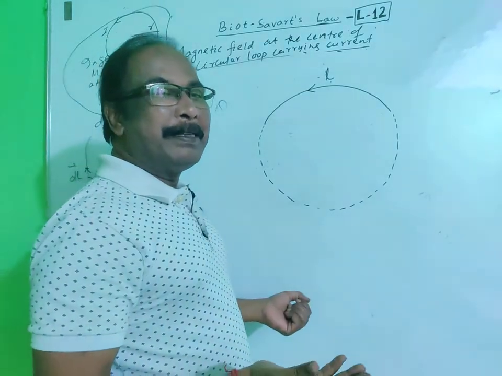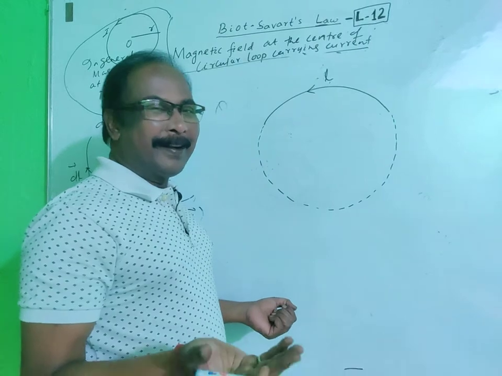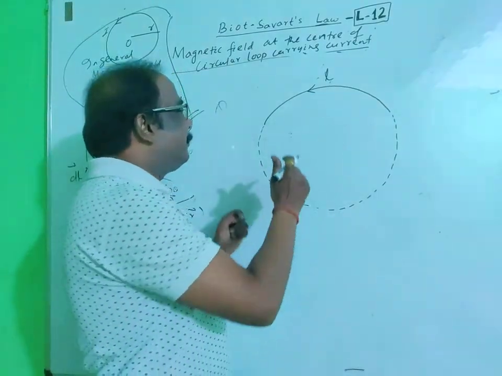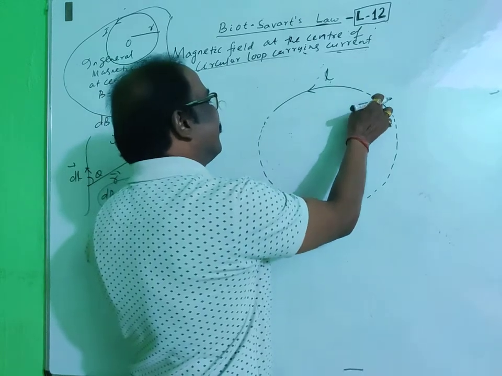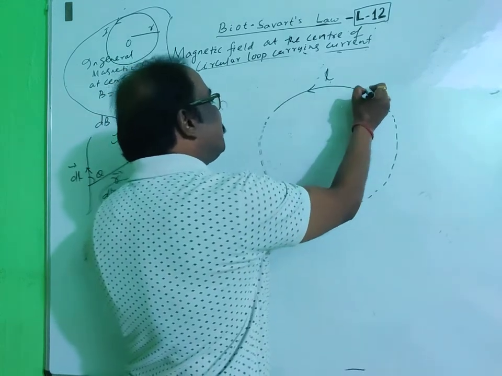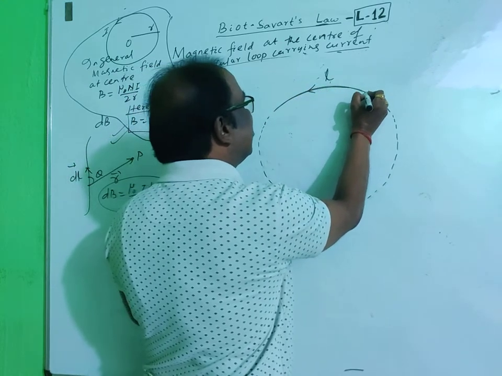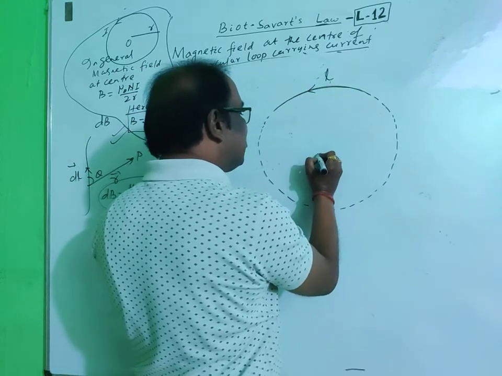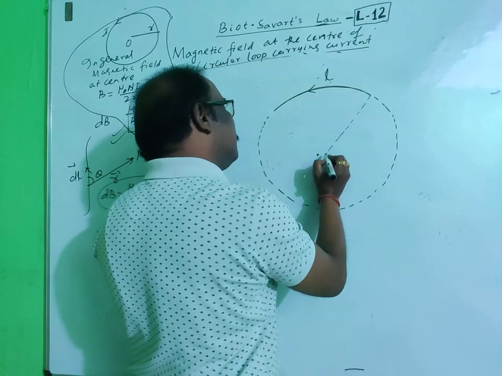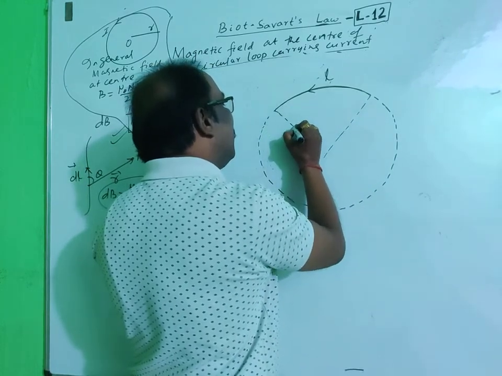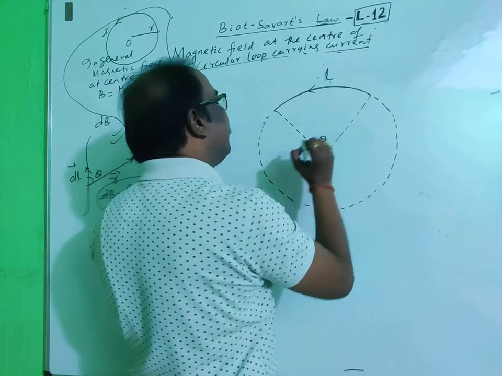Half part of circle, semicircle. 1/4 part of circle, quarter circle. This is any part. We don't know how much this is. So suppose this much length is considered. This is center of the circle. This much length is subtending an angle about the center, let theta.